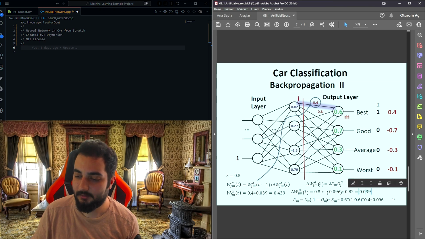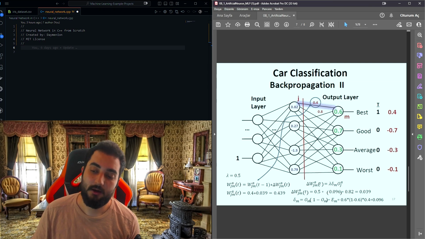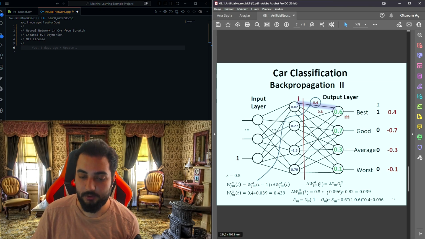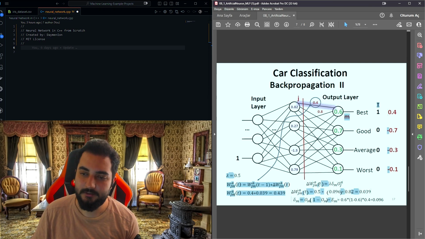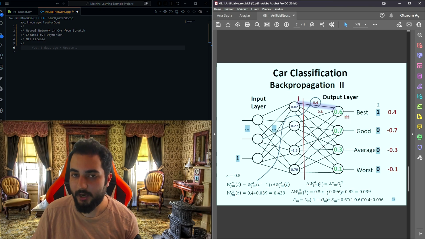So I get the changing amount of the weight as 0.039. So to calculate the weight at iteration t, the previous weight 0.4 plus the changing amount 0.039 equals the new weight from G to the output layer. So we calculate the hidden layer and output layer weights with that, but there's more than that.